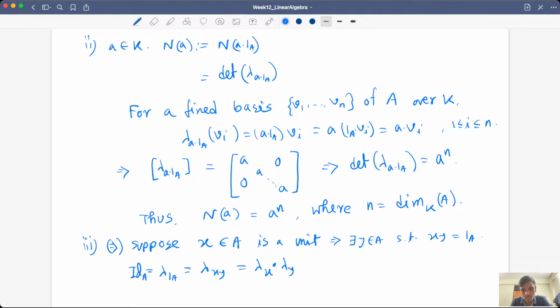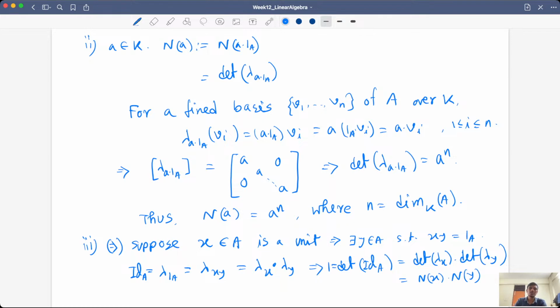So this will imply that the determinant of the identity of A, which is 1, equals the determinant of lambda x times the determinant of lambda y, because the determinant is multiplicative for the composition of maps. The determinant of lambda x is nx and this is ny.